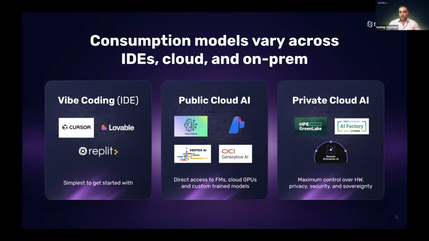So it just depends where users are along this journey. The point of this slide is that there is no one consumption pattern that fits. There are many, and even within an enterprise, you may find one or more patterns that exist.